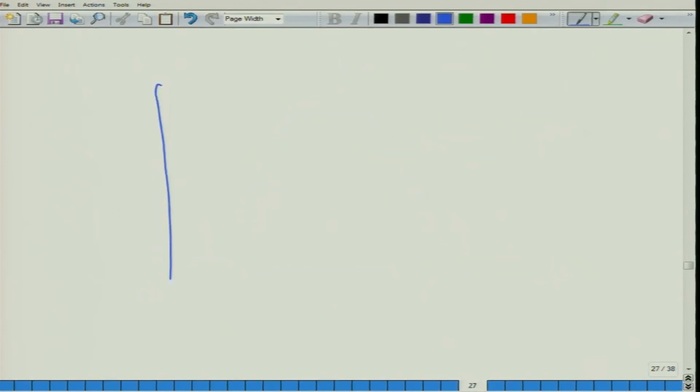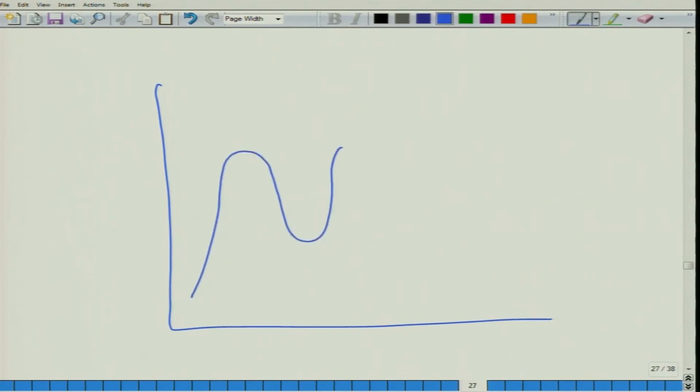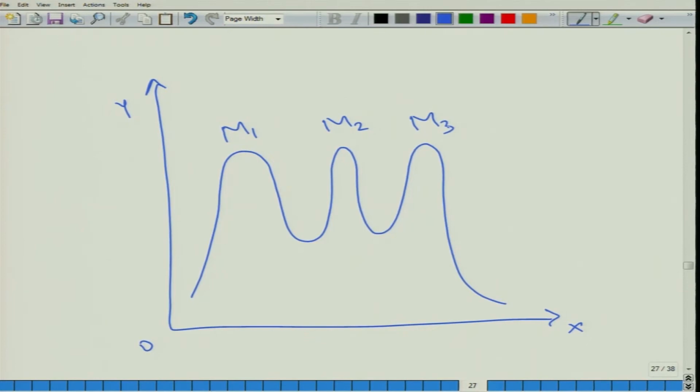However, consider this distribution. Now, this distribution would have 3 modes, mode 1, 2 and 3. So, this is a trimodal distribution.